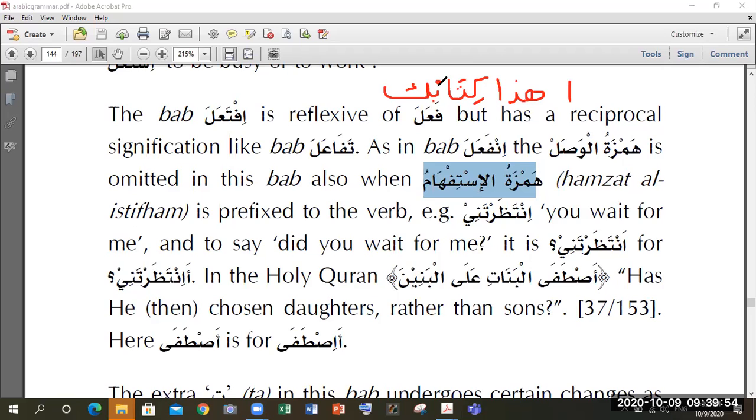Hada means this. This is a book. Kitabuki means, oh sorry, hada kitabuki.